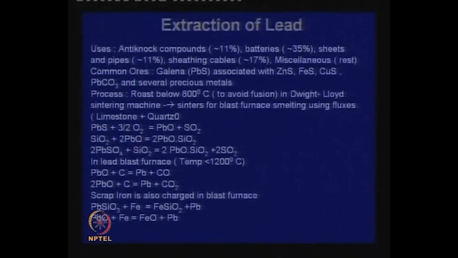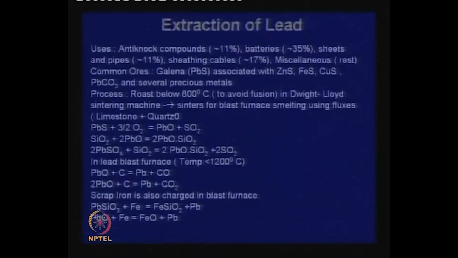Extraction of lead is relatively a simple pyrometallurgical step. Lead sulphide concentrate is oxidized, which is done in a sintering machine to produce lead oxide sinters. We need sinters because they must be hard, they have to go into the blast furnace.